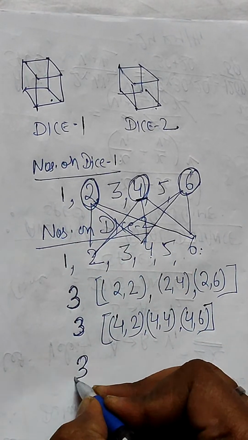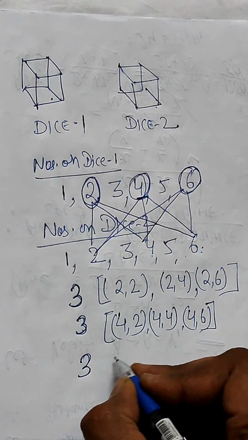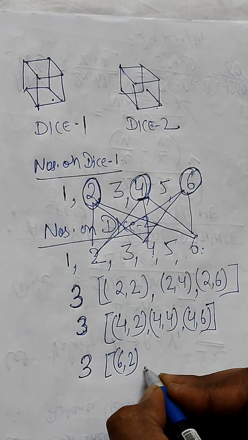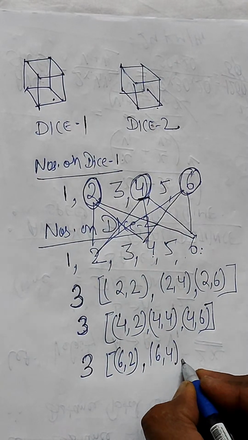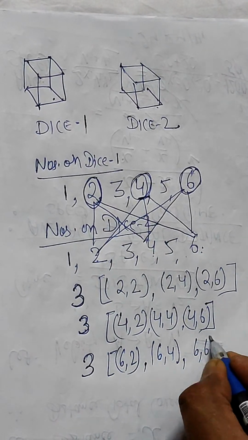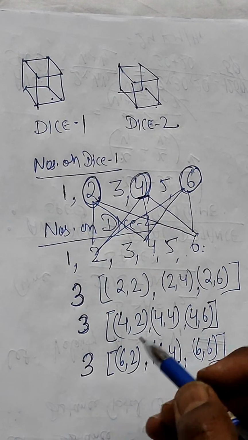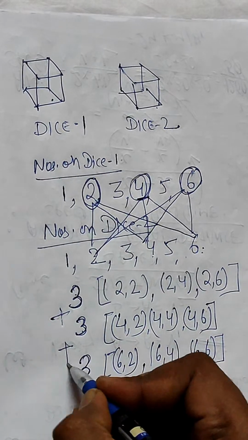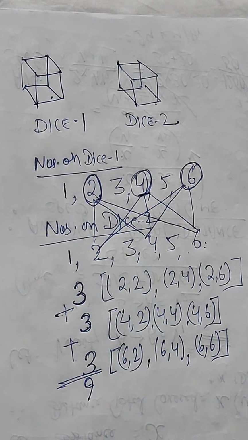So 6 2 is a pair of even, 6 4 is another pair of even, and 6 6 is the third pair of even. So how many such total outcomes are there? 3 plus 3 plus 3.